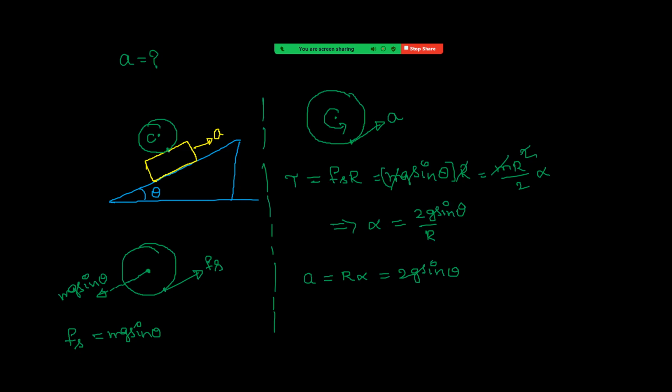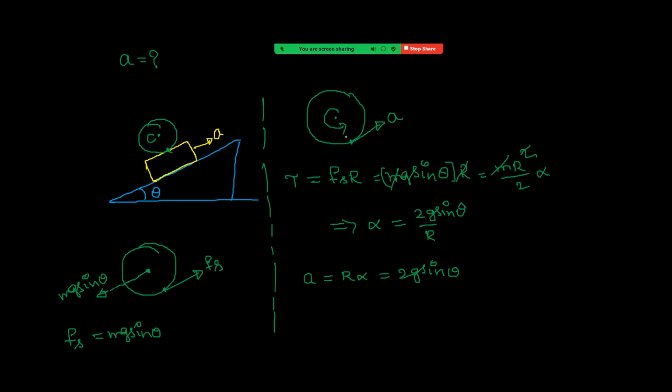Here, no slipping means the tangential acceleration is equal to A. We should not say the acceleration of the contact point is equal to A, because due to rotation the contact point follows a circular path, so its acceleration has two components, tangential and centripetal.